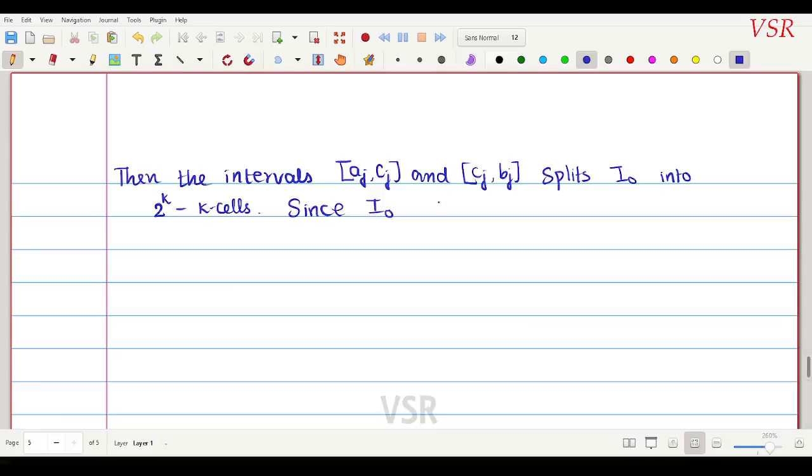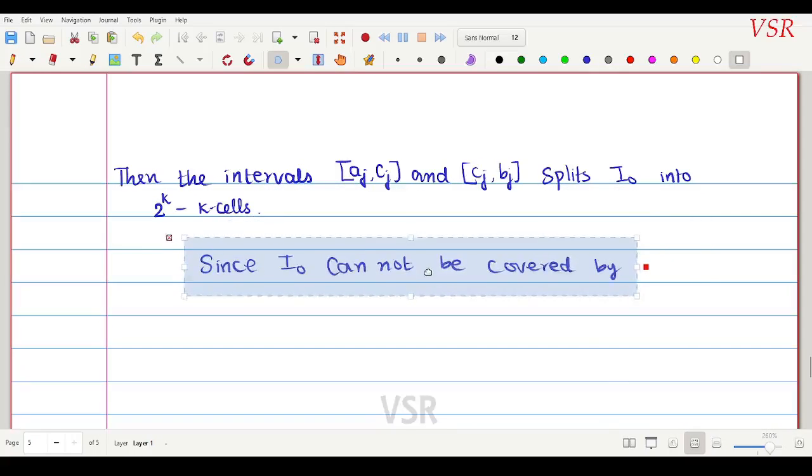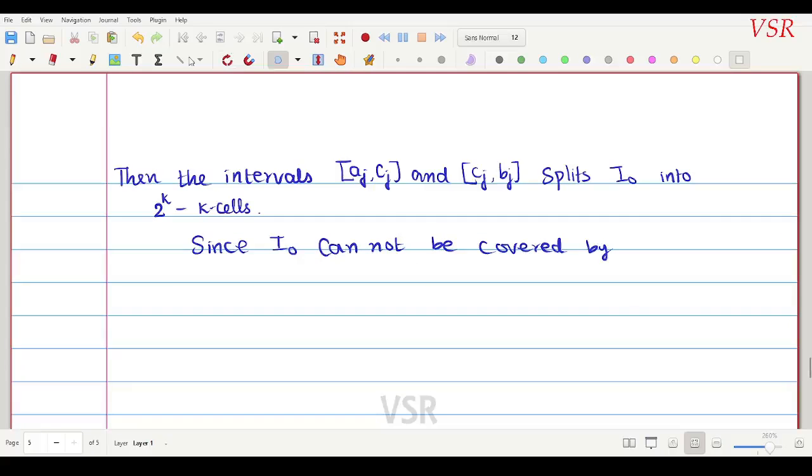I0 cannot be covered by finite members of U alphas, call the 2 power k cells I1, I2, up to I2 power k.